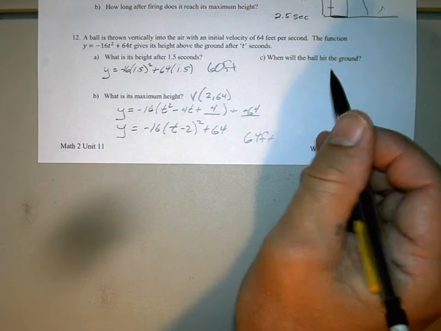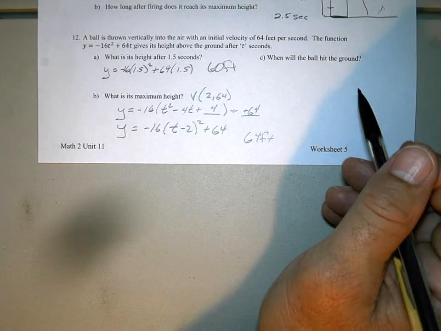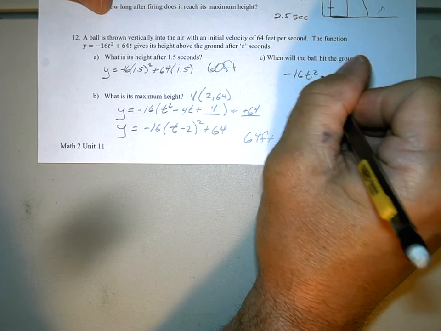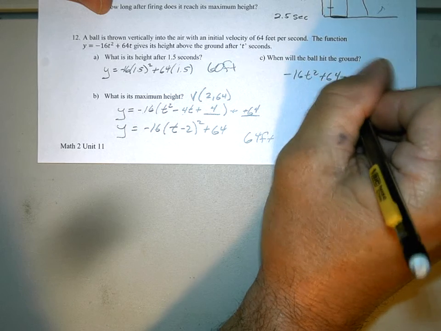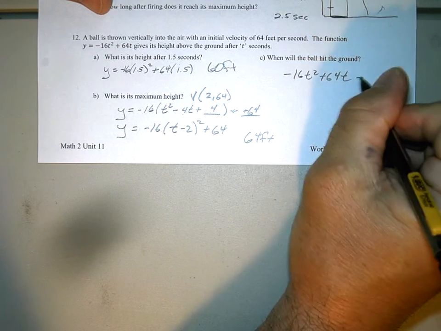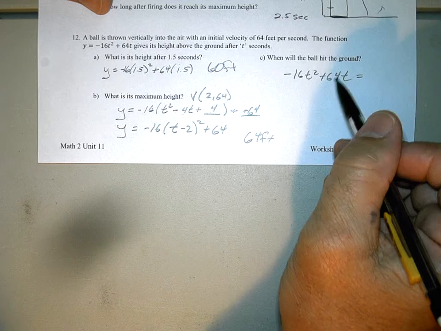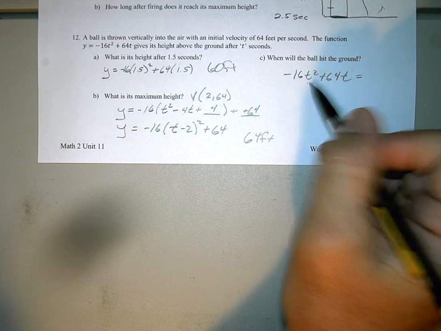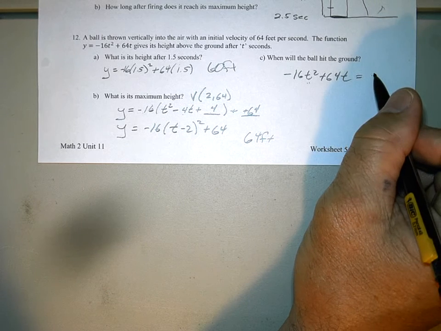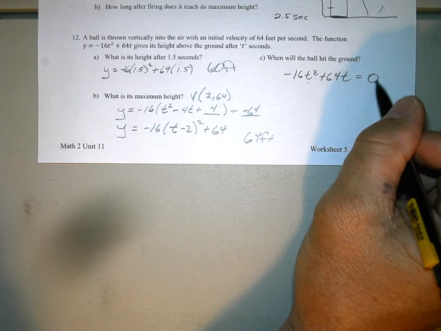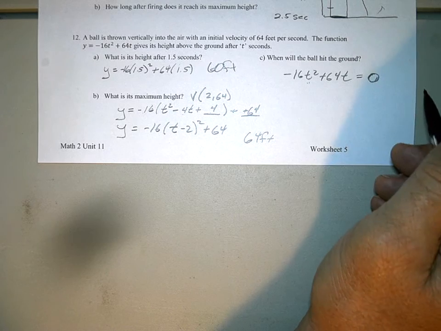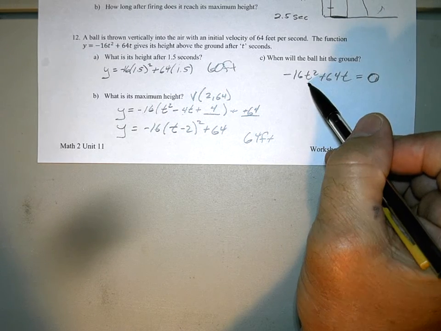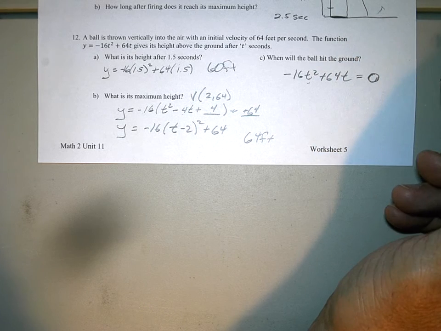Okay. And finally, when will the ball hit the ground? Well, that's the zeros. So let's go back to that original equation. We have negative 16t squared plus 64t. It's on the ground at time 0, and basically the ball is on the ground when y equals 0. So one of the answers for t should be 0, and the other is going to be a few seconds later.